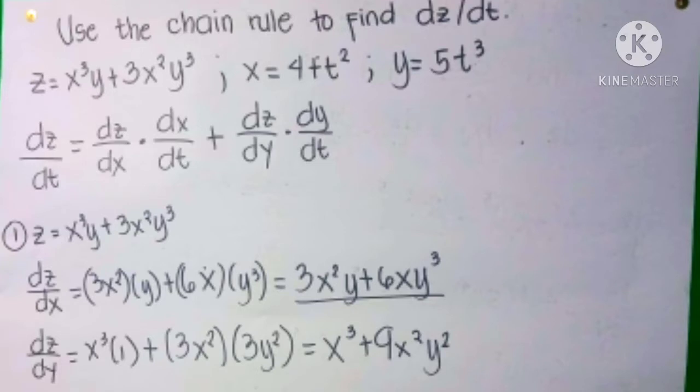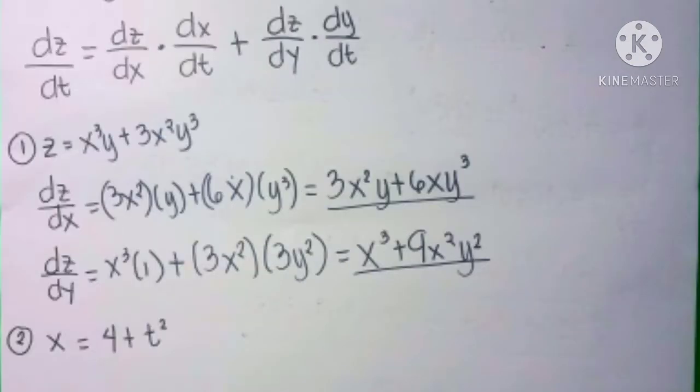Here, we treat x as a constant and differentiate only y. dz over dy equals x cubed times 1 plus 3x squared times 3y squared, which equals x cubed plus 9x squared y squared.